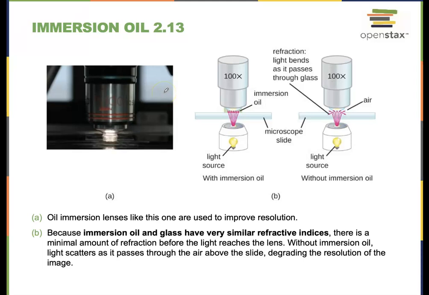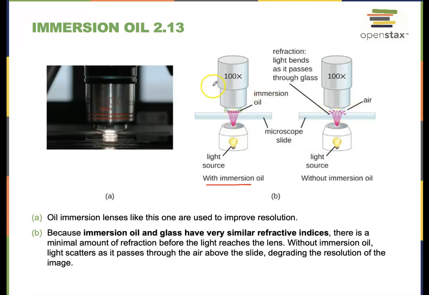So the job of immersion oil is to allow more light to enter into the oil immersion objective. So when we see with immersion oil, here's the microscope slide, which is glass. Here's the light source coming from glass. And what happens if it hits the air?